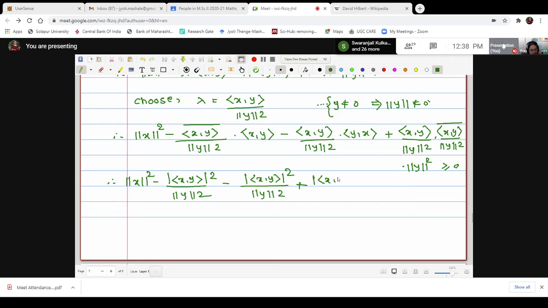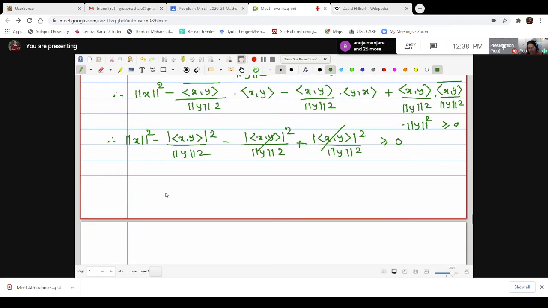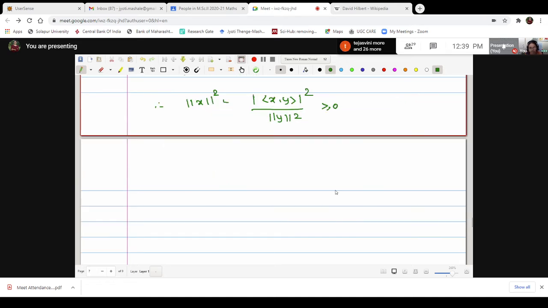Modulus square of inner product xy upon norm square y, where one norm square y will get cancelled and we remain with y. Therefore again this cancels one another and we are left with norm square x minus modulus square of inner product xy upon norm square y is greater than or equal to 0.